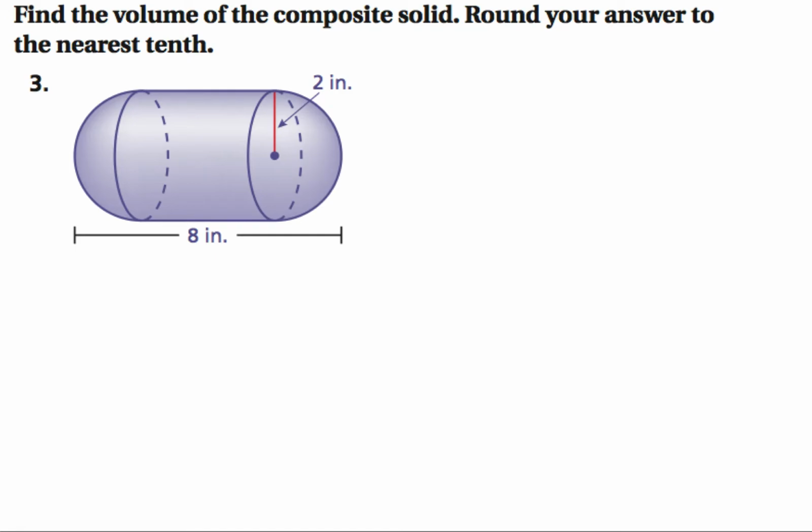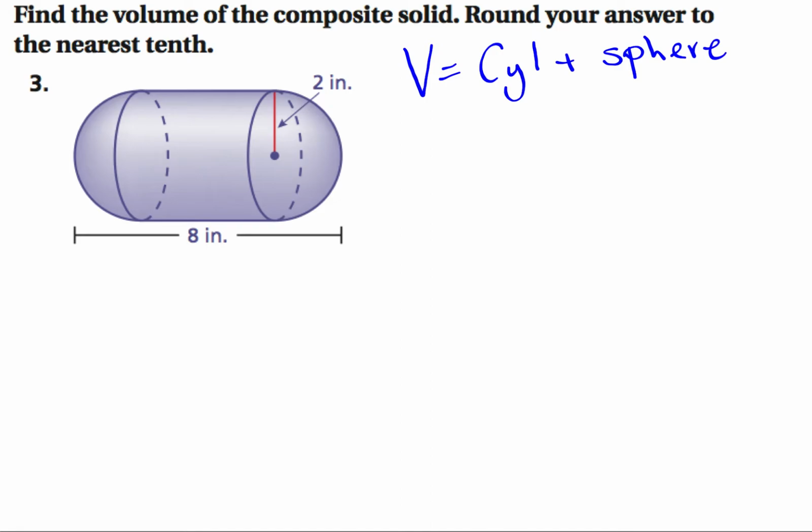Okay, the method I'm going to demonstrate here would be to create a new formula equation for each composite solid and then plug in all your unknowns and solve. So, the volume of this you should recognize as being a cylinder plus two hemispheres, which could go together to make one sphere.